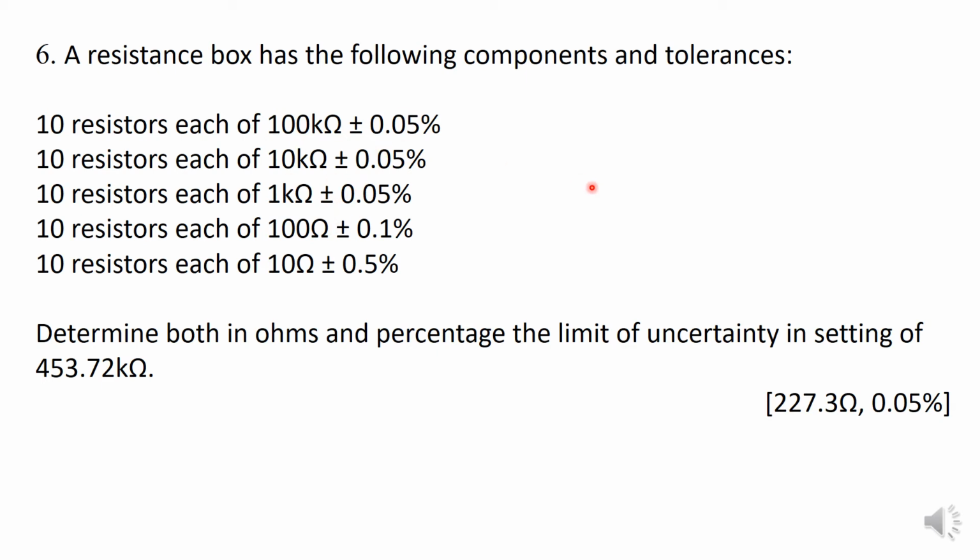Please note that resistors come with fixed values, let's say 100k, 10k, 1k. So if we want to form this value of resistance, we should pick certain resistors and connect them in series to get the value.